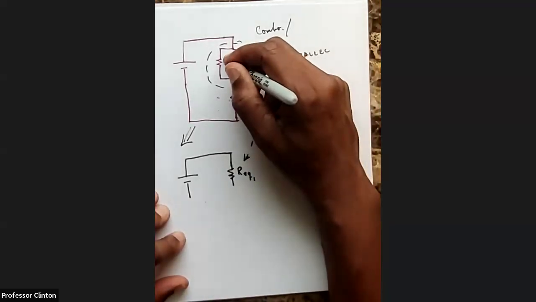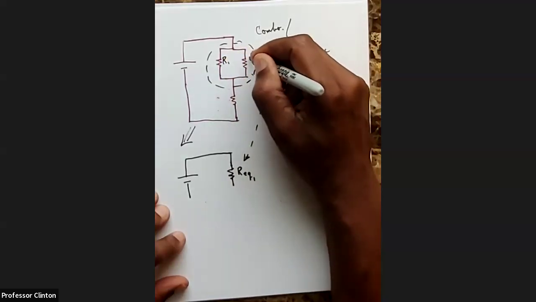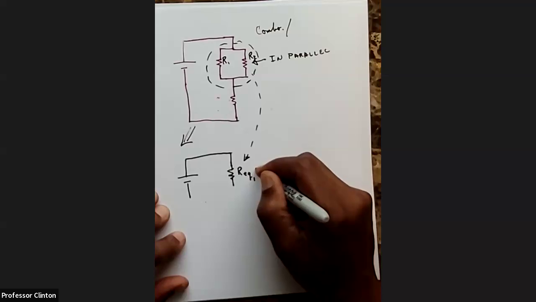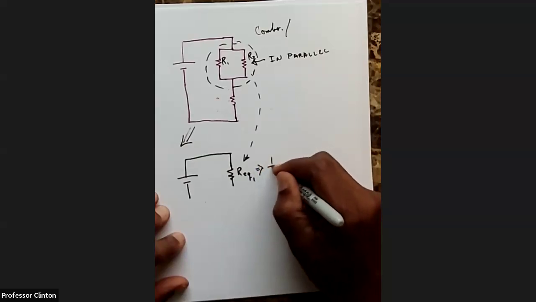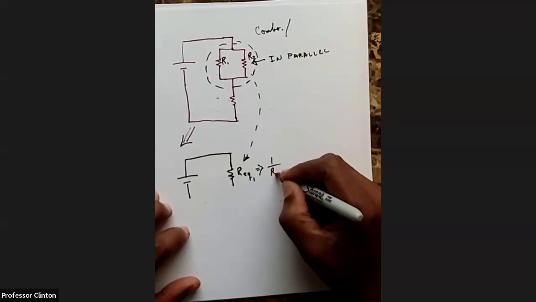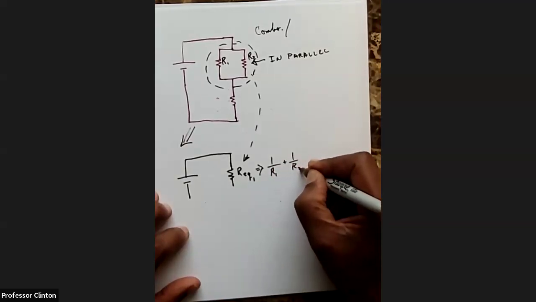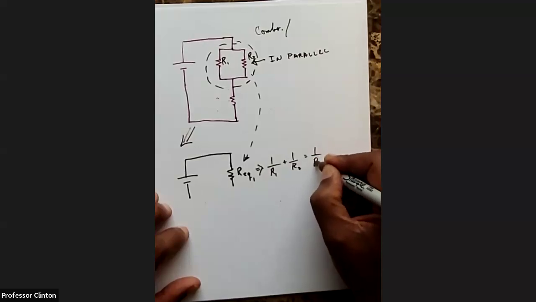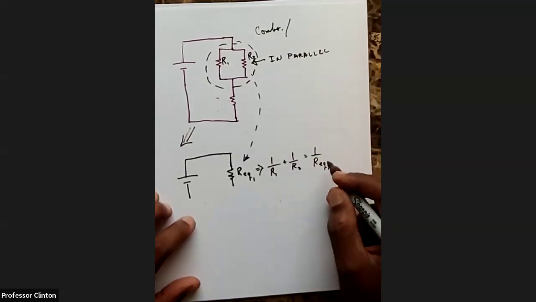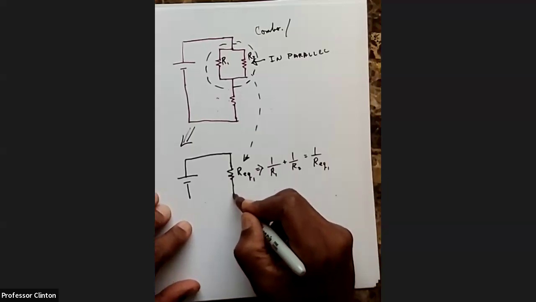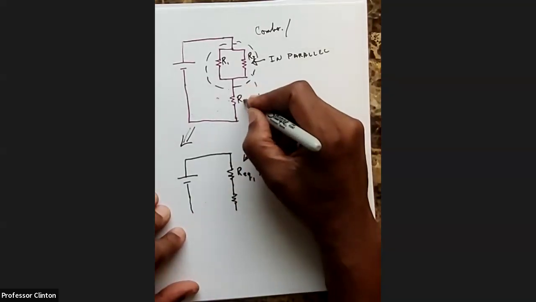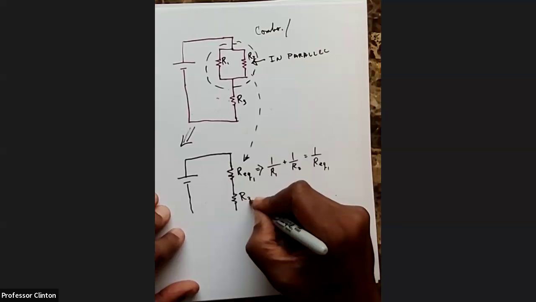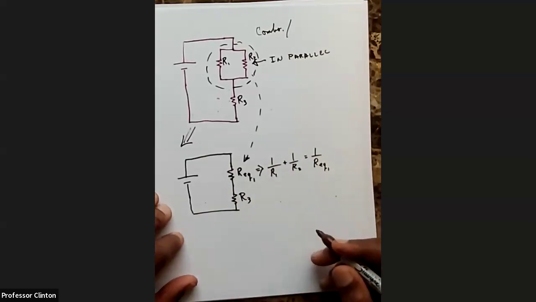If this is R1 and maybe this is R2, then 1 over R1 plus 1 over R2 is equal to 1 over R equivalent 1. And this next resistor down here would be R3. I'm just rewriting that down here. And so you just continue this process.